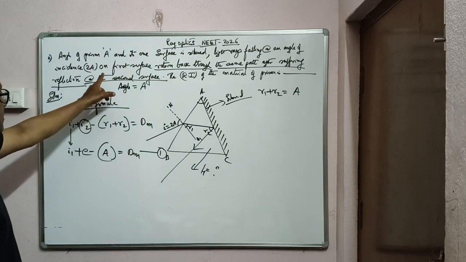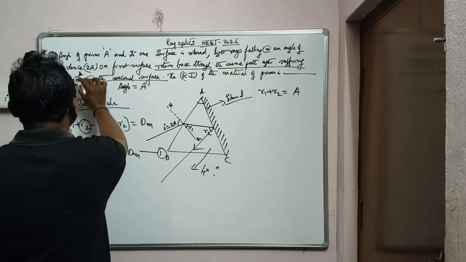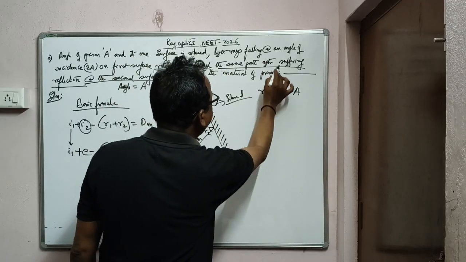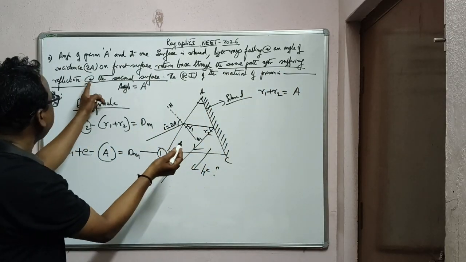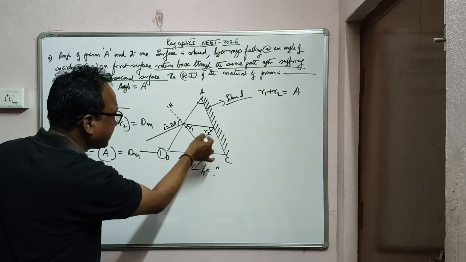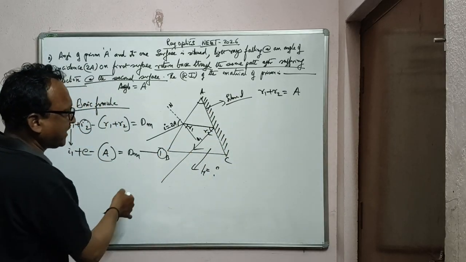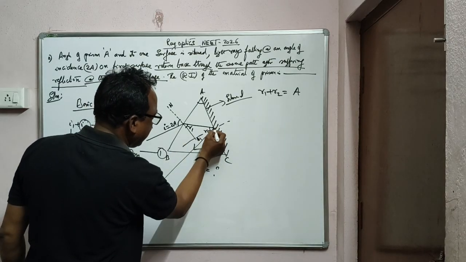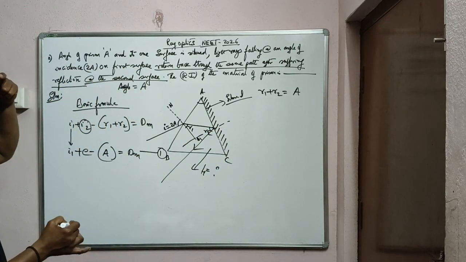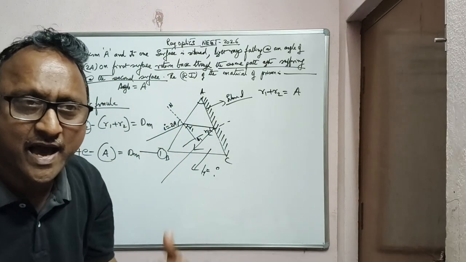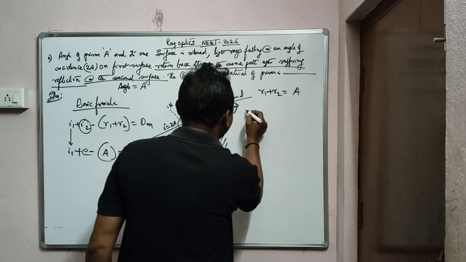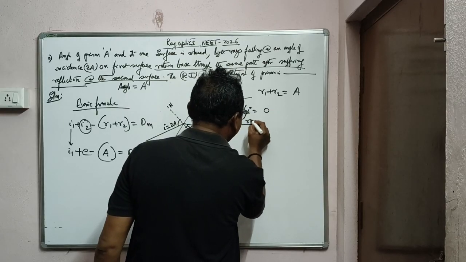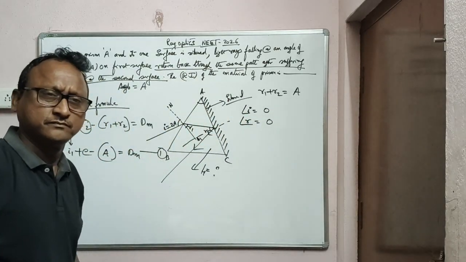కానీ ఇక్కడ ఏమన్నాడు, see the question carefully. See, angle of incidence 2A on the first surface returns back through the same path after suffering reflection at the second surface. ఈ సిల్వర్ సర్ఫేస్ తగిలింది, మళ్ళీ వెనక్కి వచ్చింది, రిఫ్లెక్షన్ అయింది. అదవుతుంది మీకు, ఇక్కడ తగిలింది, of course it may be normal somewhere here, it is coming back again. వచ్చిందంటే అర్థం ఏంటి, when it is coming back, what does it mean, angle of incidence is equal to 0, angle of reflection is also equal to 0.